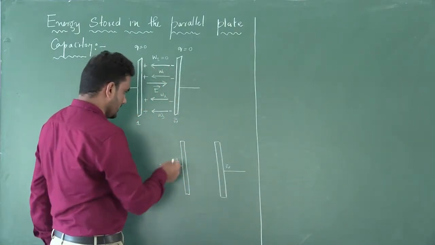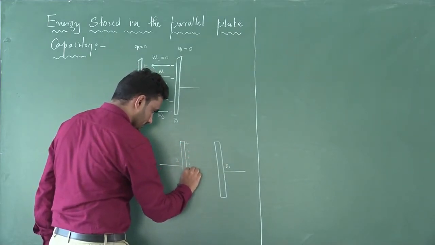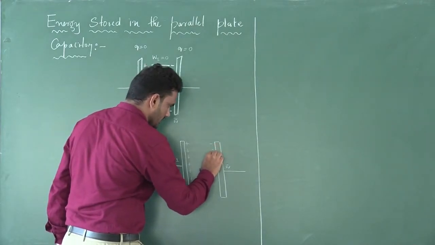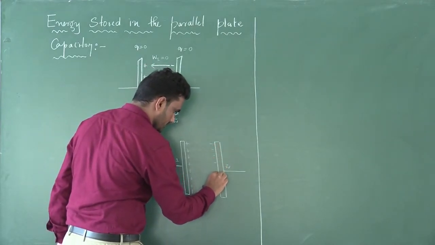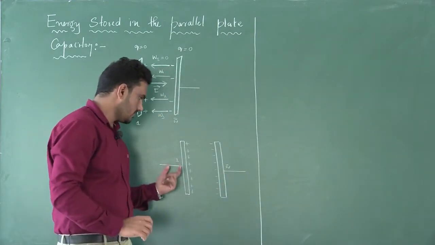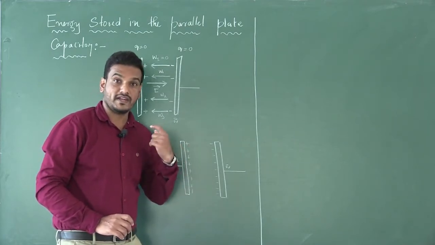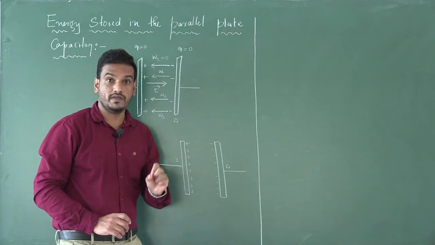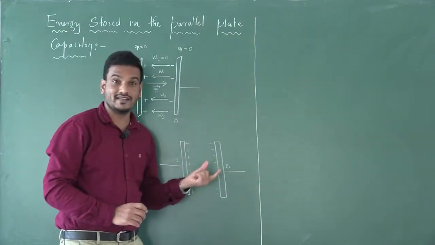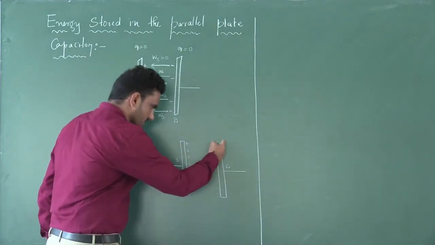For example, this plate is already positively charged. This plate is negatively charged. The charge on both the metal plates is the same in magnitude, but opposite in nature. Here, this is positively charged, this is negatively charged.